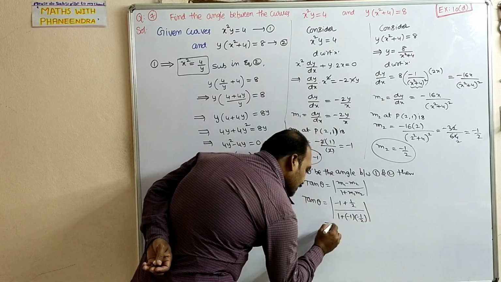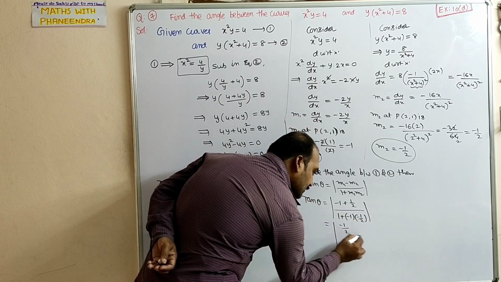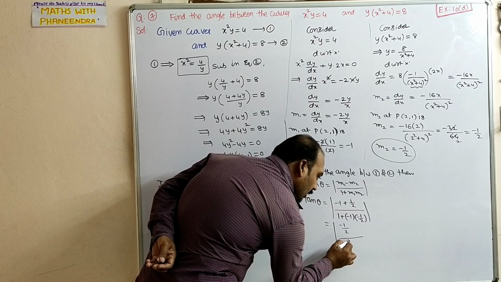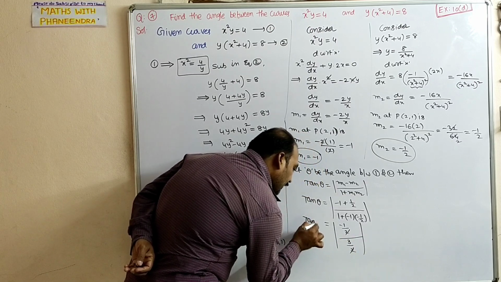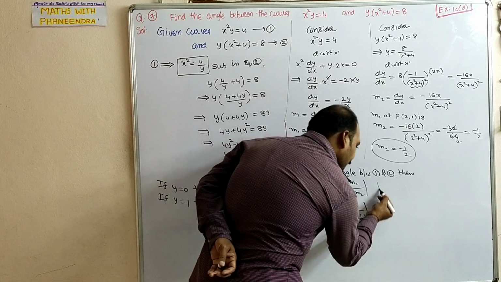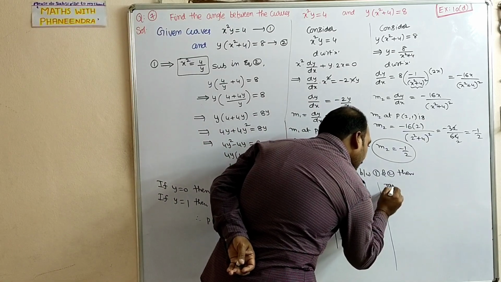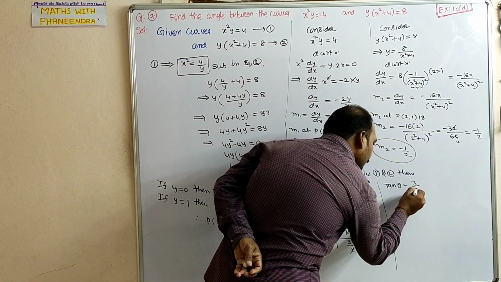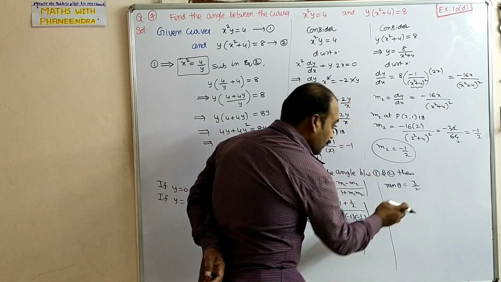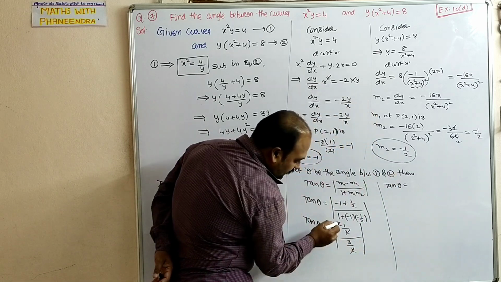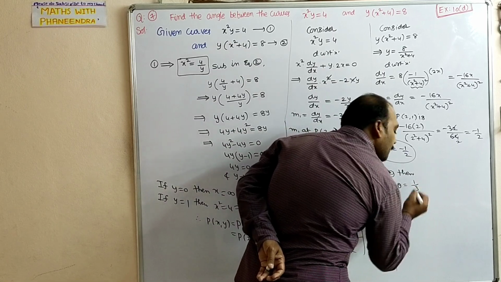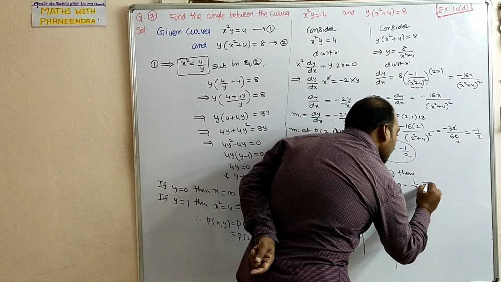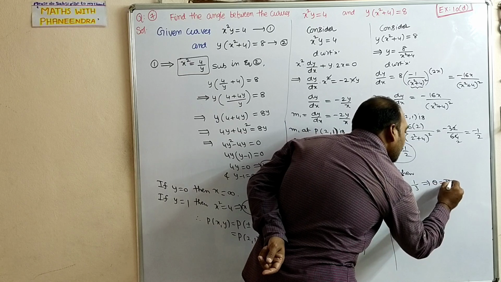So which is equal to minus 1 by 2 divided by 3 by 2. 2 gets cancelled. Mod minus 1 by 3, so within modulus it will go plus. Theta equal to tan inverse of 1 by 3.